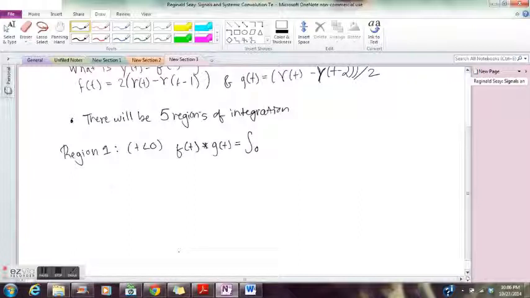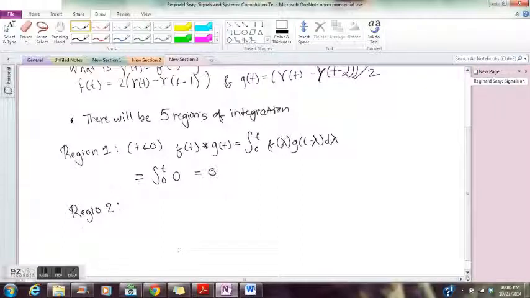And this will be equal to the integral from 0 to t of f of lambda times g of t minus lambda d lambda, so d lambda is what we're integrating over. Then we can say that is the integral from 0 to t of 0, and this will be equal to 0. Okay, so region 1 was pretty simple, but it gets more complex from there.